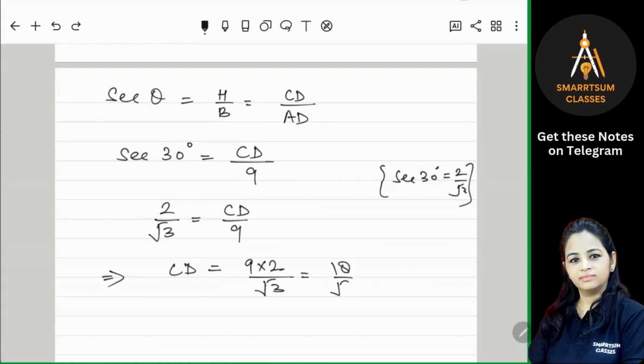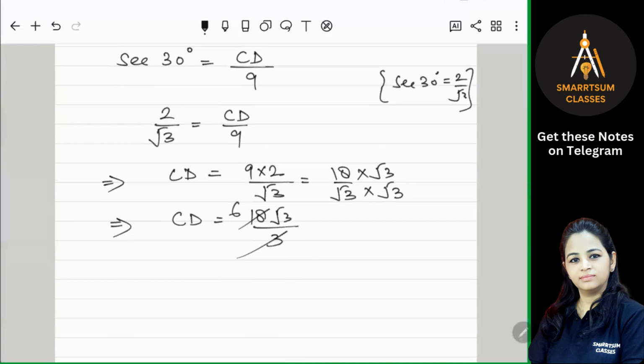Now rationalize the denominator by multiplying root 3 in the numerator and denominator. It will become 18 root 3 upon 3. Now you can cancel this, it goes 6 times. Therefore we have got the length of CD, that is 6 root 3 meters.